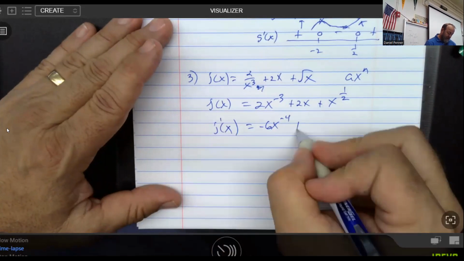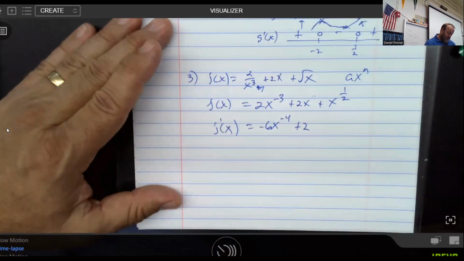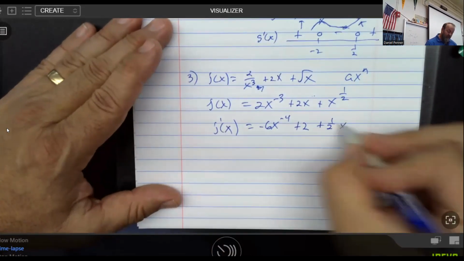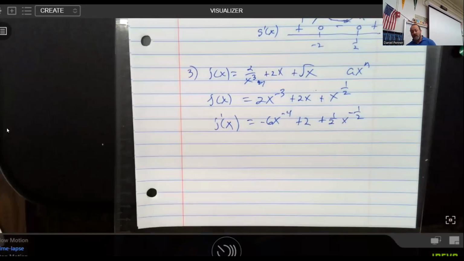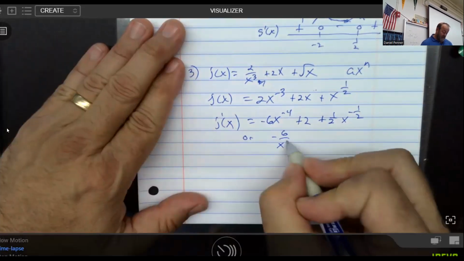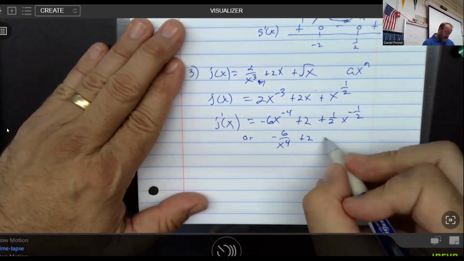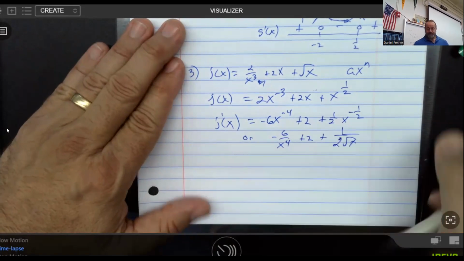1 times 2 is 2, x to the 0, but anything to the 0 is 1. And then I have 1/2 x to the negative 1/2. Now, this is a good answer for a derivative, but I will say most of the time people feel more comfortable expressing it this way. I would do negative 6 over x to the 4th plus 2, and then 1 over 2 square roots of x.